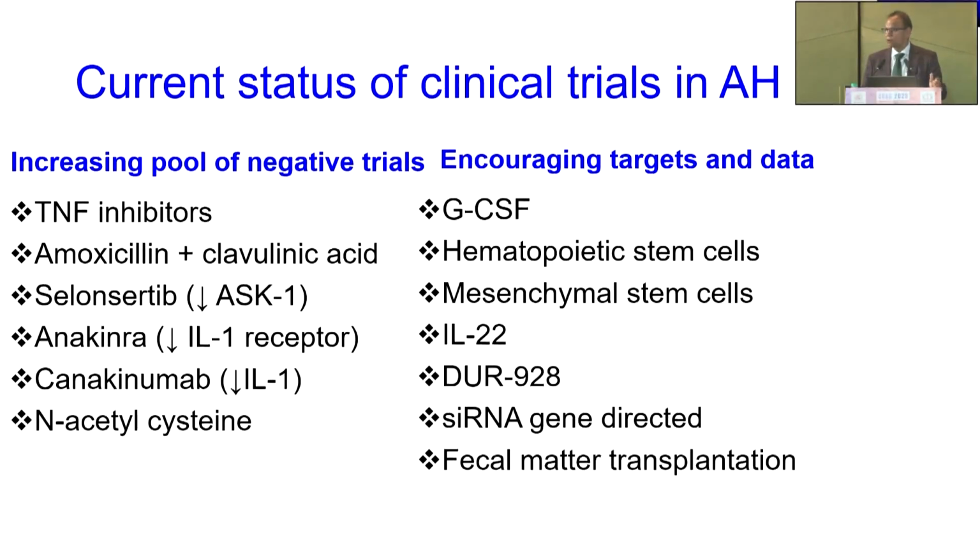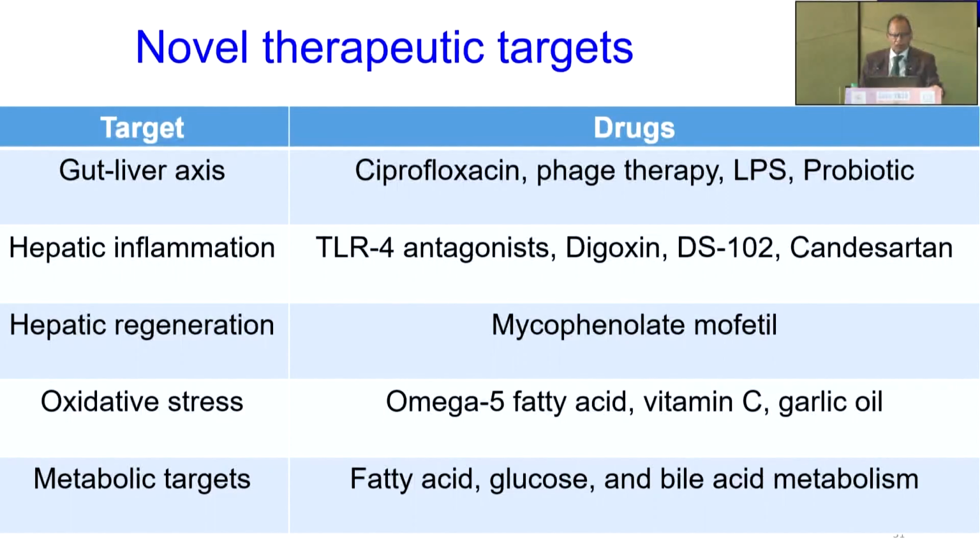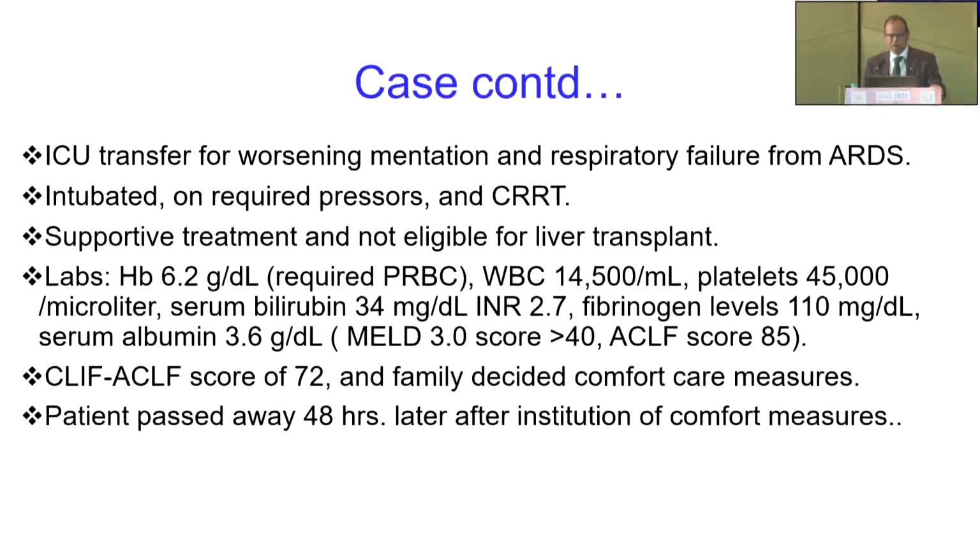Most of them are following negative trials, but there are some positivity here. Interleukin-22, DOR928, maybe fecal matter transplantation, and some of the gene silencing approach therapies for alcohol-associated liver disease. There are several therapeutic targets which are being tried here, targeting gut-liver axis, inflammation, regeneration. I'm not going to go over the details here. The number keeps on growing, but as of today, we don't have one which is FDA approved.